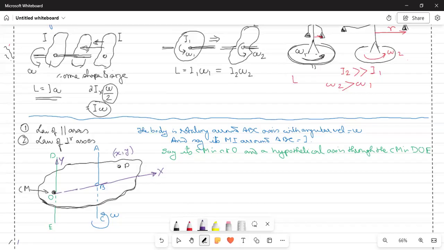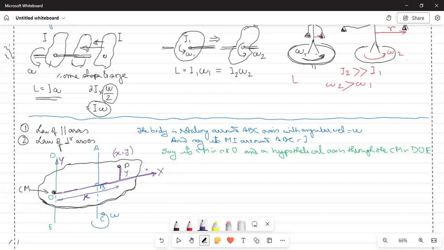If we draw a perpendicular from P to the x-axis, this is y, and the distance from O to this point is x. This is x because the coordinate of the point P is taken as xy, and we have drawn the x-axis through the center of mass through B and on the plane of the body, right?